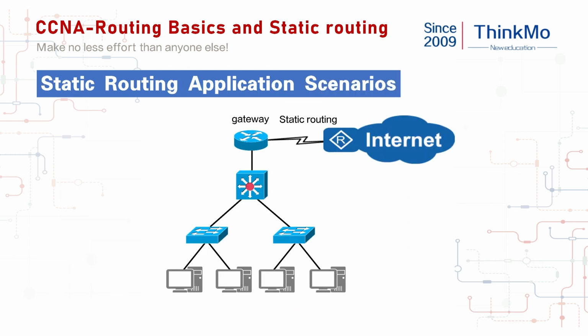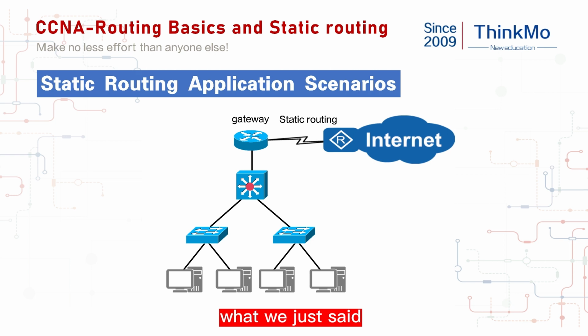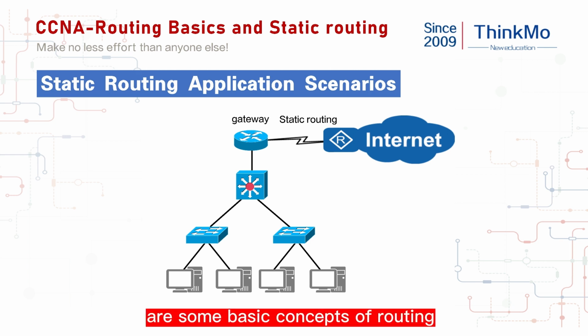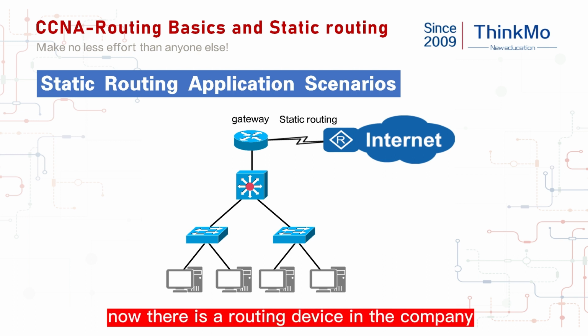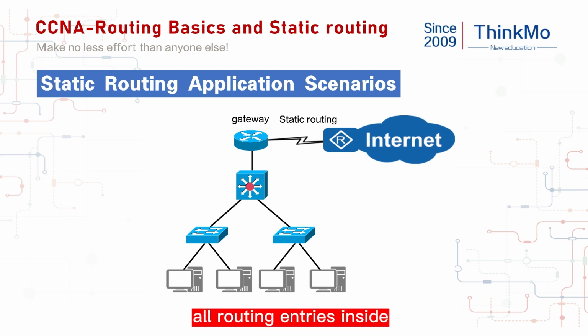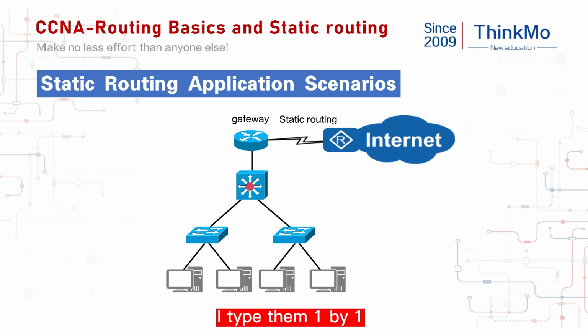Okay. Next, we will start to officially enter the part of static routing. What we just said are some basic concepts of routing. Static routing refers to manual configuration and maintenance by administrators. For example, now there is a routing device in the company. All routing entries inside, in addition to direct connection, I typed them one by one.